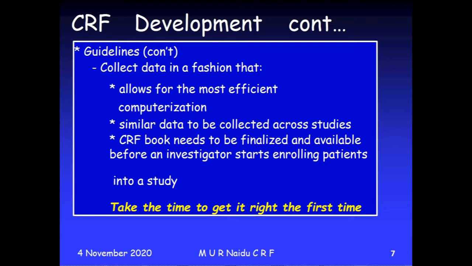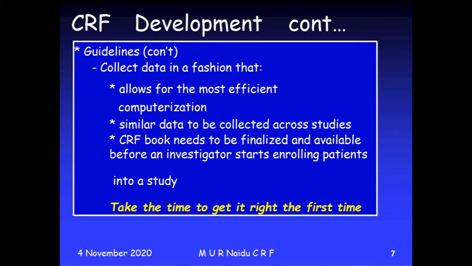The case record form needs to be finalized and available before the investigator starts enrollment of patients. You cannot wait and start the clinical trial and then improve your case record form. Always the case report form should be completed, finalized and totally evaluated by the investigator and other people before enrolling the first patient.